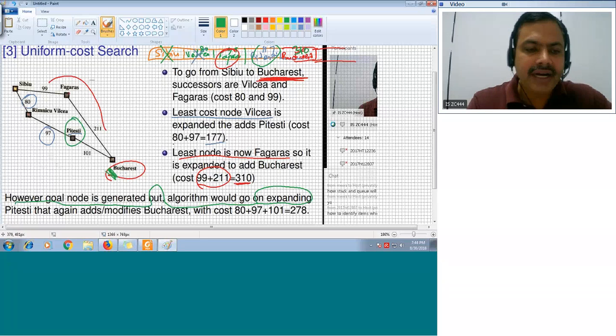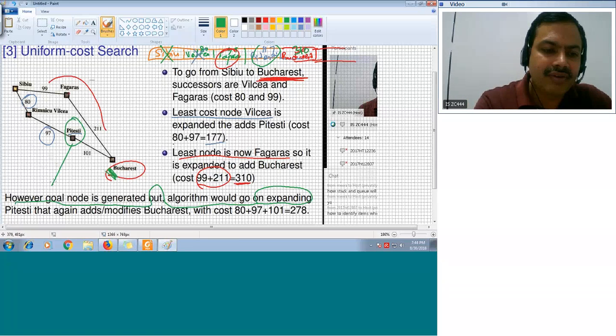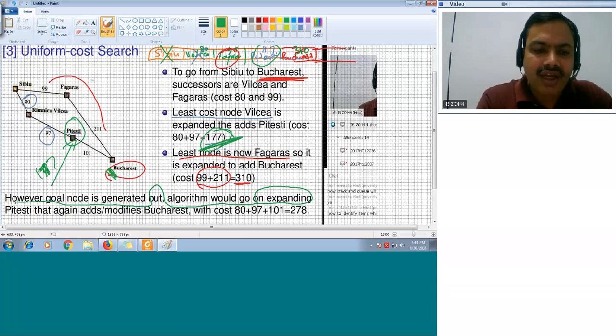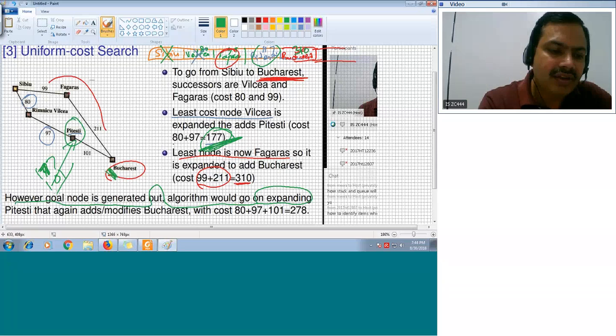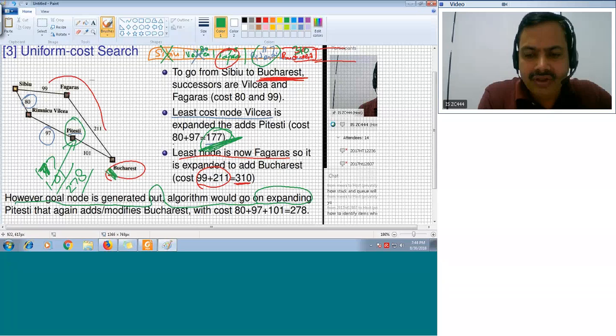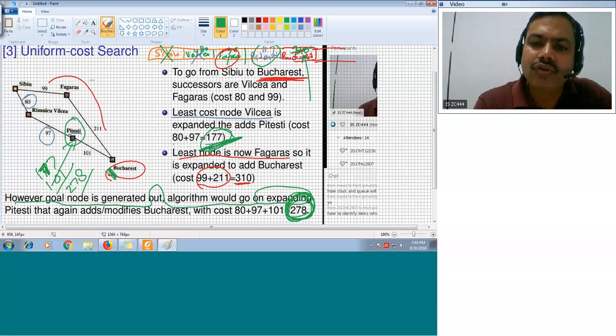So you try to see what the cost is. The cost up to this point is 177, and next is 101. The overall cost is 278. So you see what the cost is over here. You see 310, so you remove this and put 278 over here in this line.